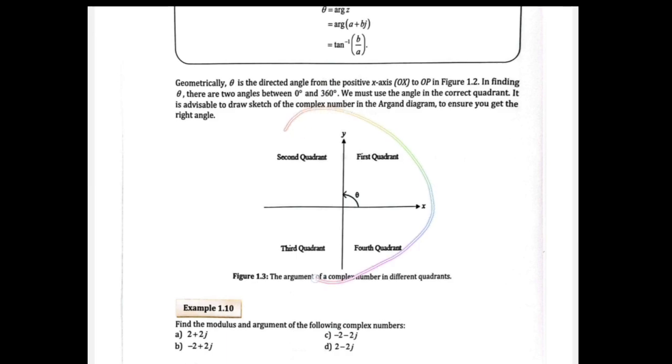Refer to this figure. Whenever the real part and imaginary part both have positive values, we know that it should be in the first quadrant. Whenever the real part is negative but the imaginary part is positive, we refer to the second quadrant.